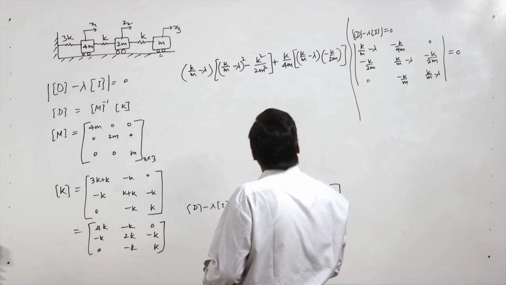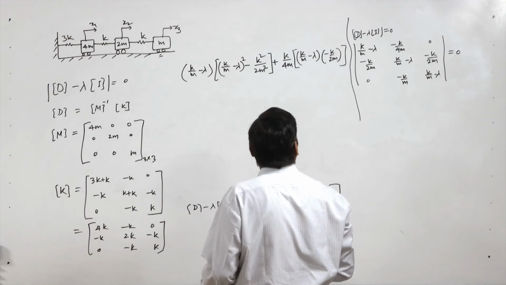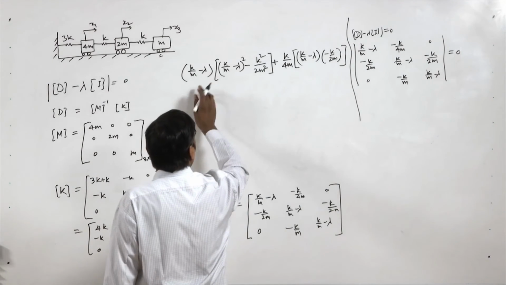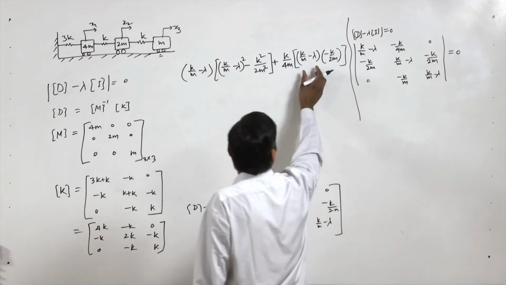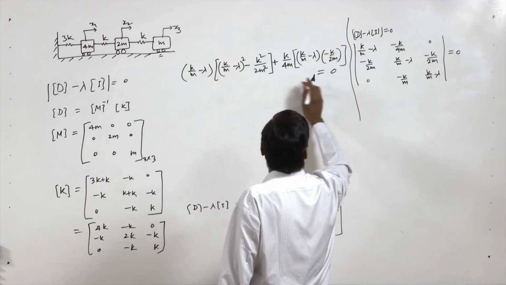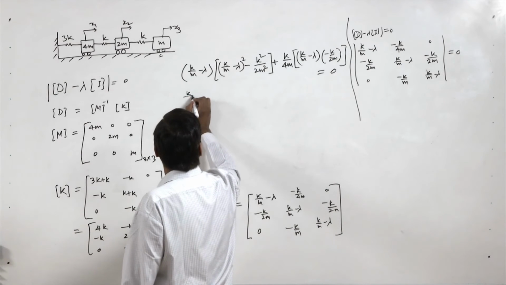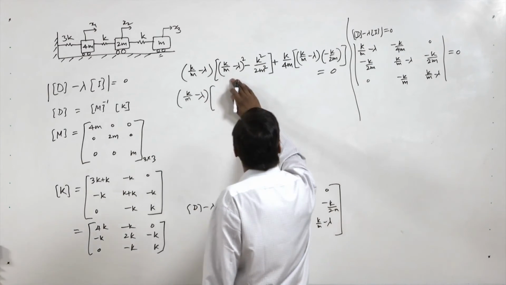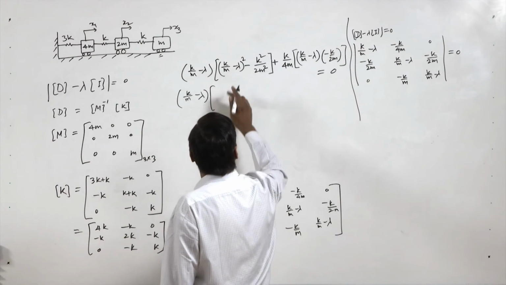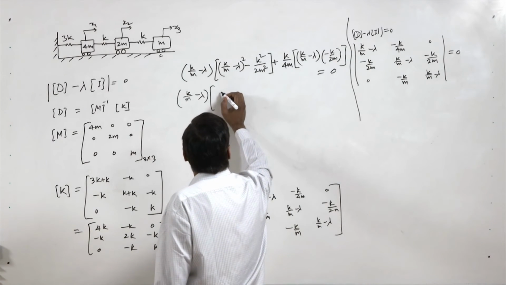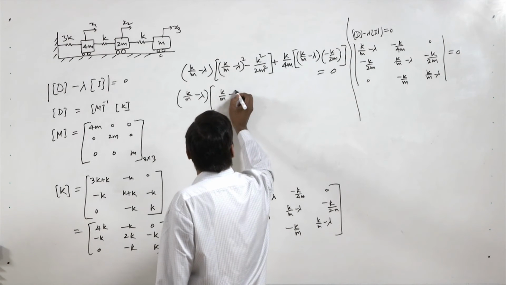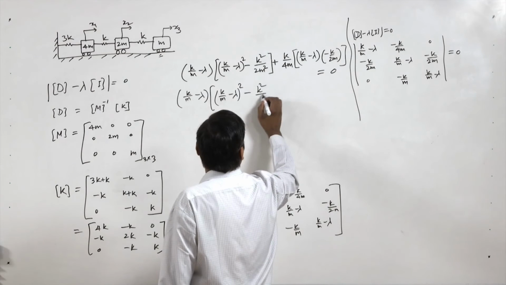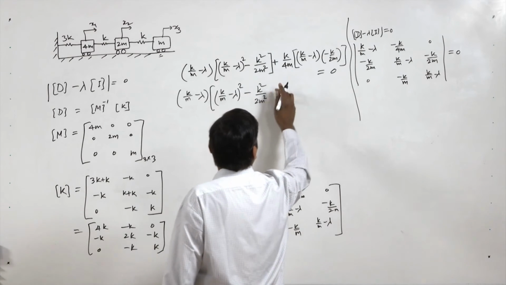So now we have to solve this. K by M minus lambda here, and this is equal to 0. We can take out this K by M minus lambda, and inside we have K by M minus lambda squared minus K squared by 2M squared.